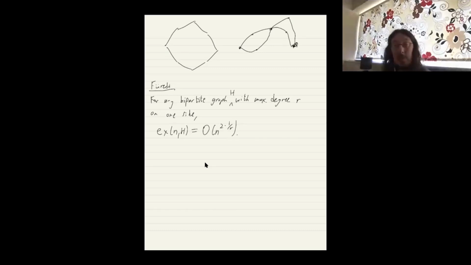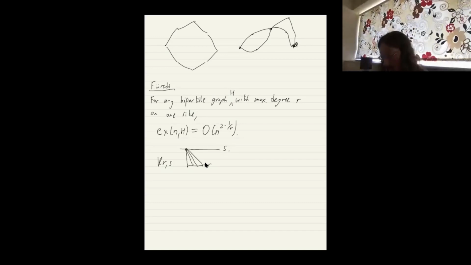This actually includes, for example, K_{r,s}. So if I take K_{r,s}, where I have one side of size r and the other side of size s, then everything up here has degree r on the bottom.